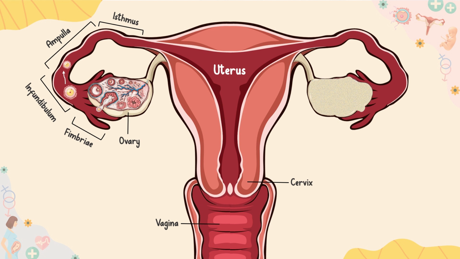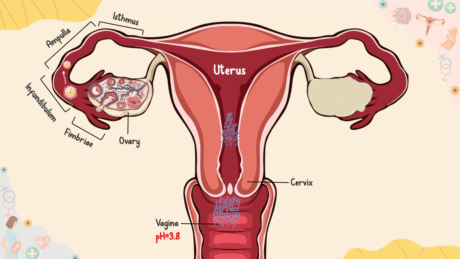Now, as for the sperm, during intercourse, the male ejaculates semen into the vagina of the female. This semen carries as many as hundreds of millions of sperms into the vagina. Out of these sperms, millions are not able to survive in the acidic pH of the vagina, which is almost 3.8.